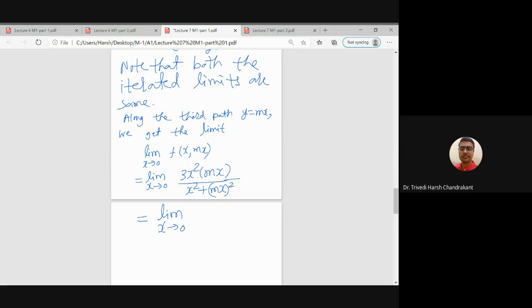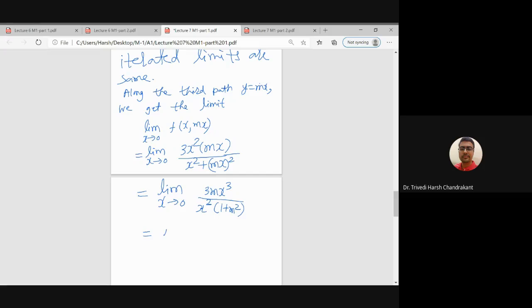what we can do here is, the highest power of x in the denominator is x square times 1 plus m square. In the numerator it is 3m x power 3. So when we cancel x power 2, essentially we get 3mx divided by 1 plus m square.